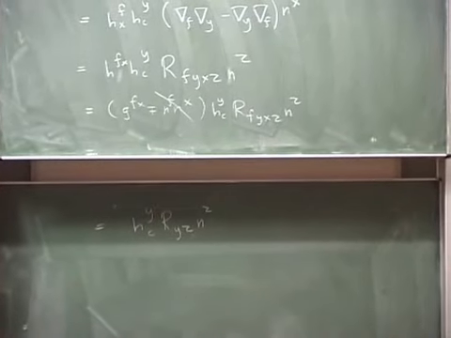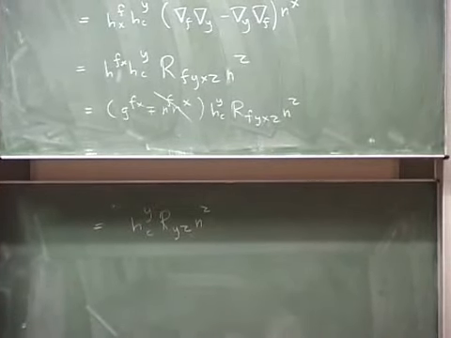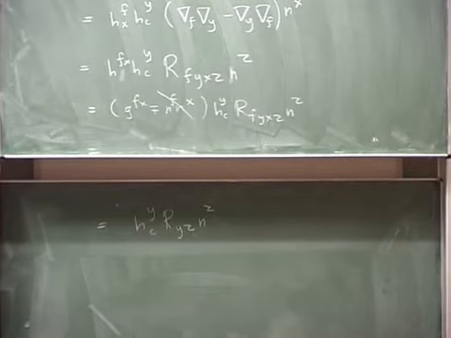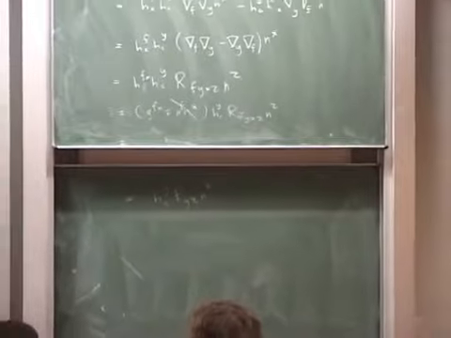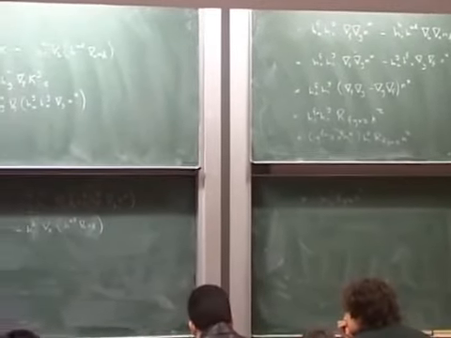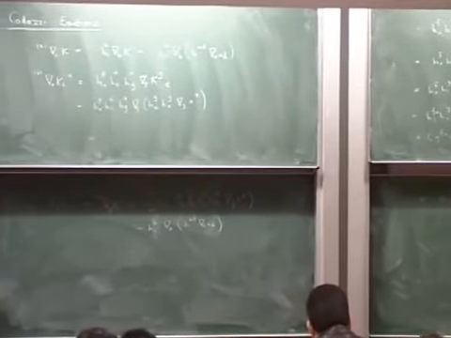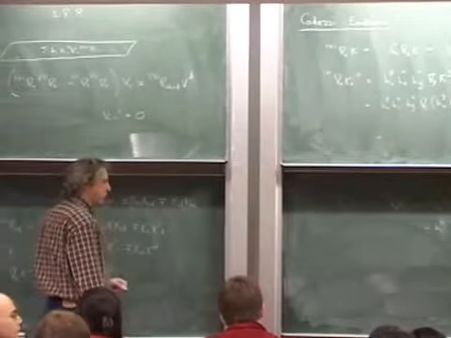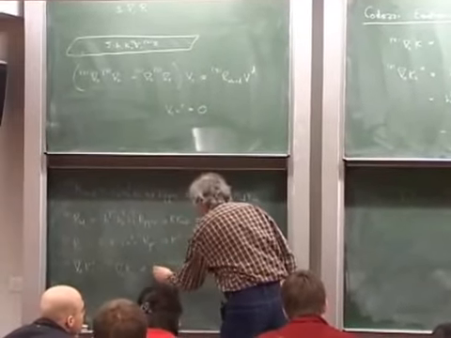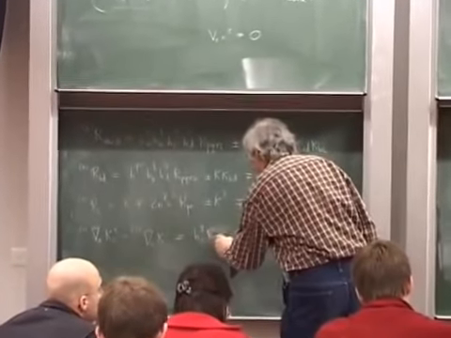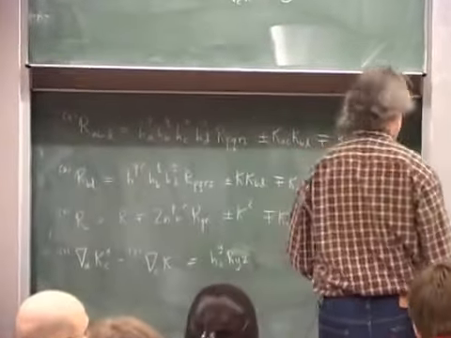So the Codazzi equation we can record here: del 3 A of K^{A}_{C} minus del 3 C of K is equal to h^{C}_{Y} R_{YZ} n^{Z}.